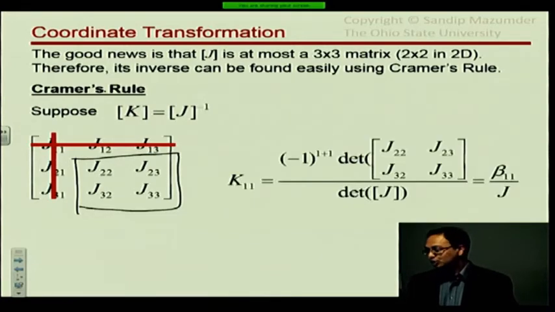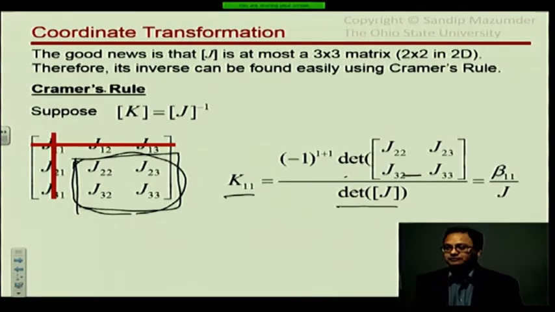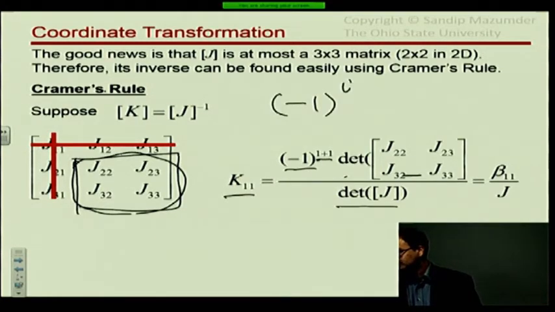So my inverse K11 becomes the determinant of that part, the 2 by 2 matrix, divided by the determinant of the whole J matrix, and then in front you have this coefficient which says minus 1 to the power 1 plus 1. In general, it's minus 1 to the power i plus j.